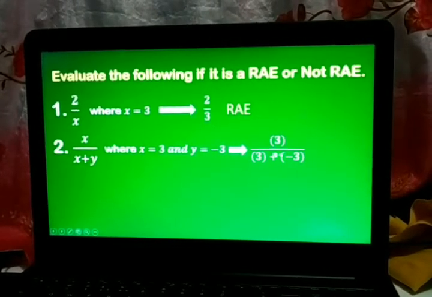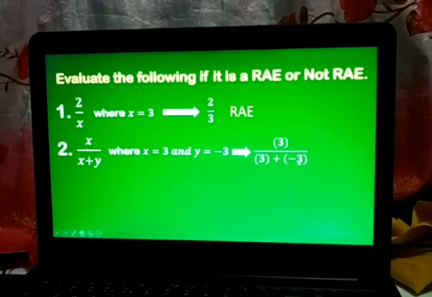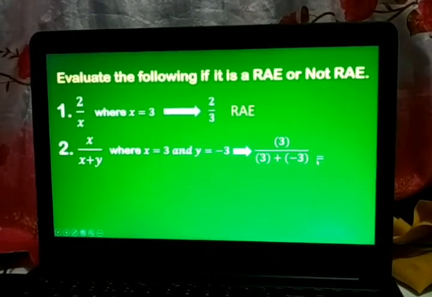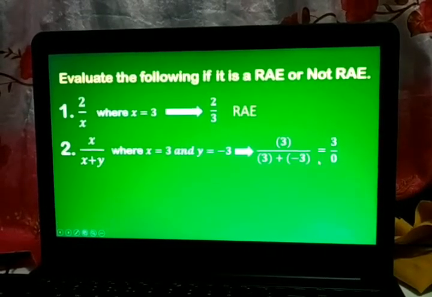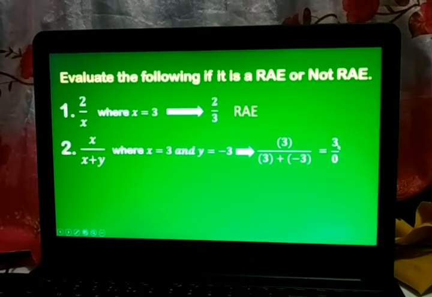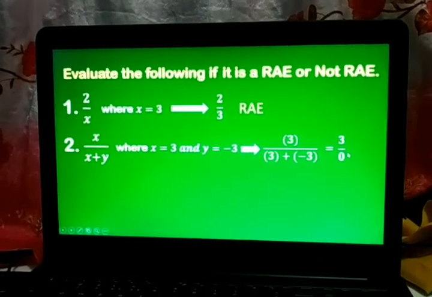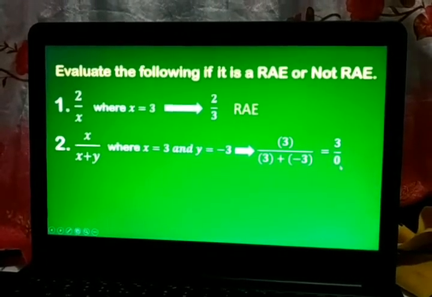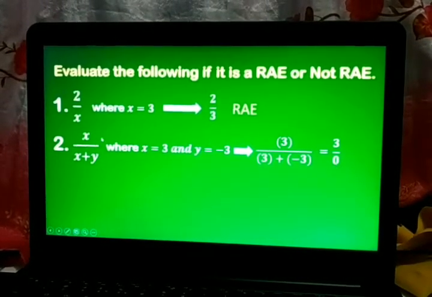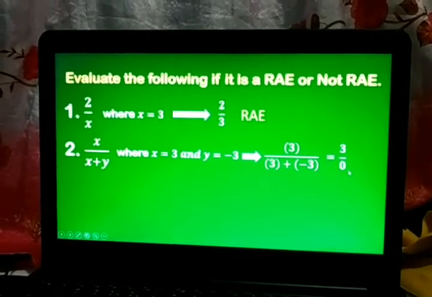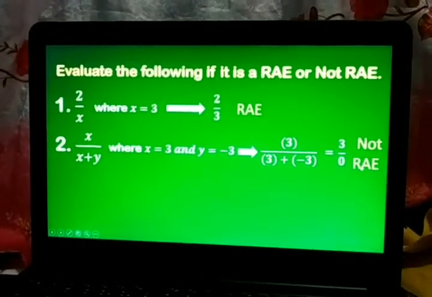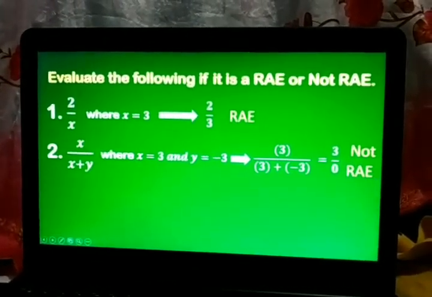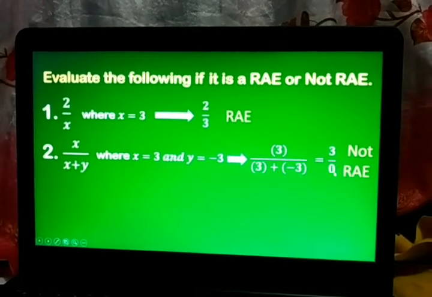Focus on your denominator. 3 plus negative 3 equals 0. Is this in ratio form? Yes, but take note of the denominator. It's 0. So the correct answer is x over x plus y is not a rational algebraic expression because of the denominator 0.